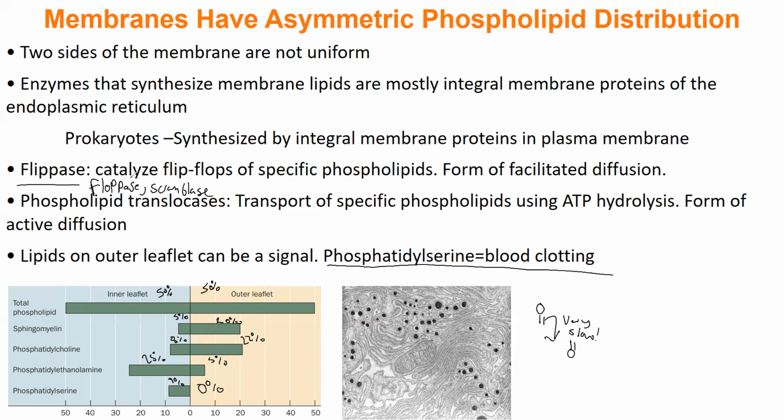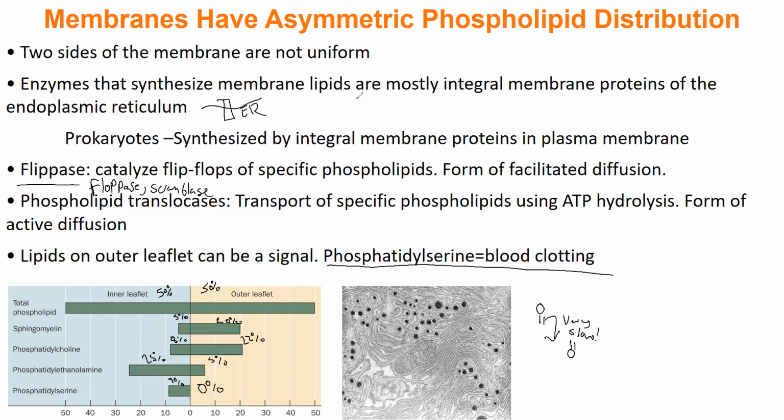Now, to make these lipids, the enzymes are integral membrane proteins of the ER. The ER, if you remember your basic biology, also has membranes. So these enzymes are embedded in the membranes of the ER. Prokaryotes don't have organelles, so their integral membrane proteins are in the plasma membrane rather than the ER, and they just make their lipids right there.